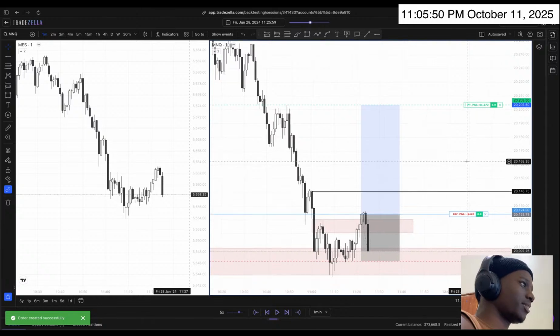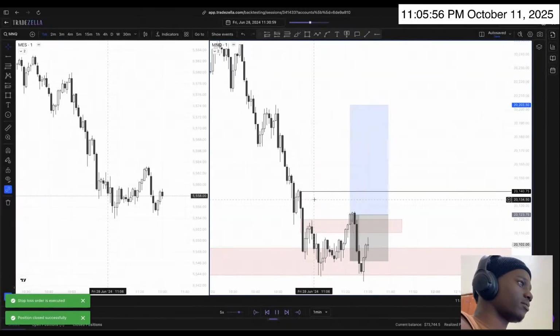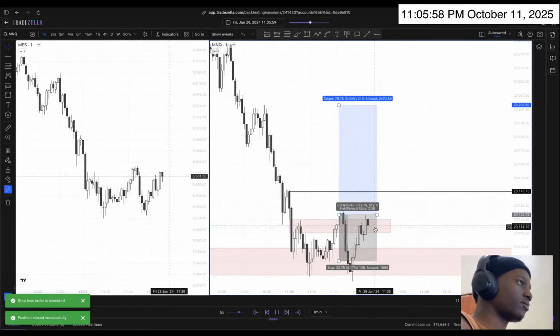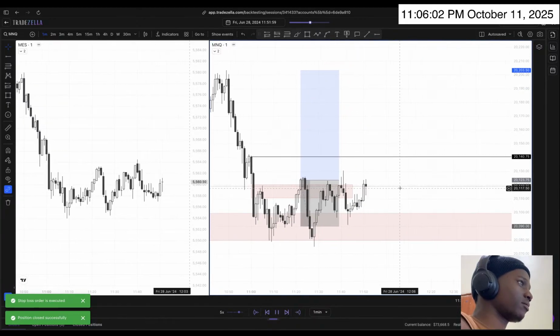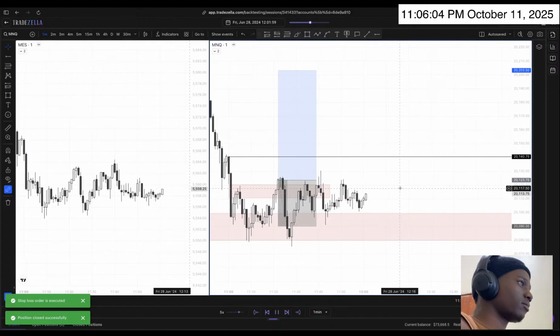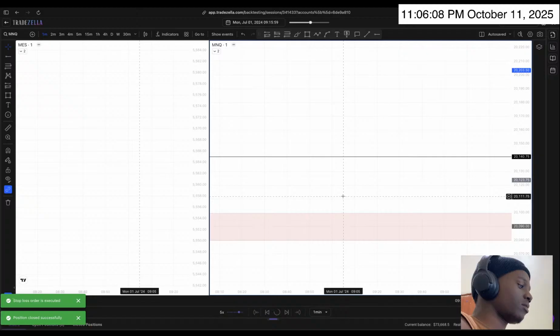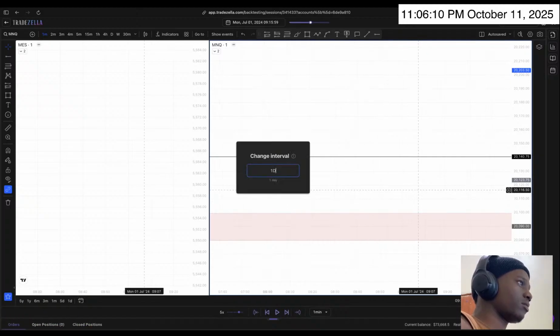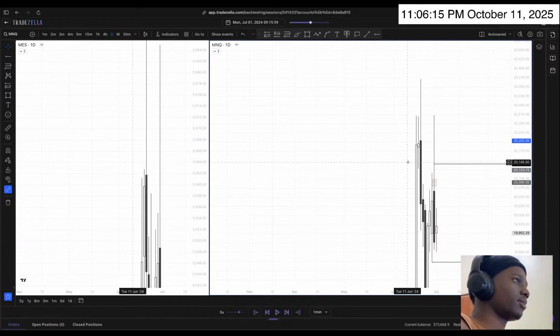Directly to stop loss. Directly to stop. Retracement back into the gap.